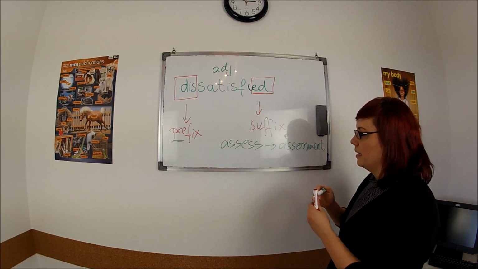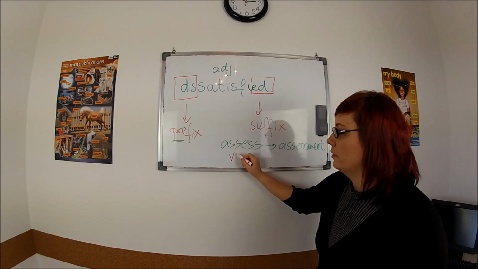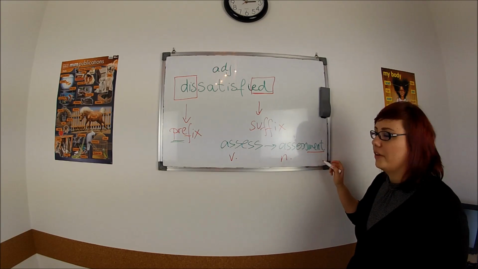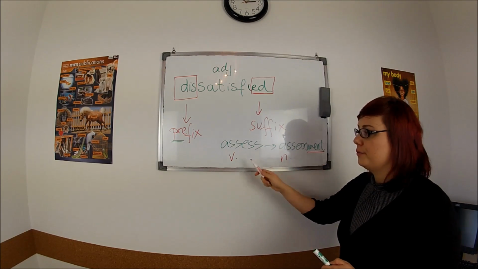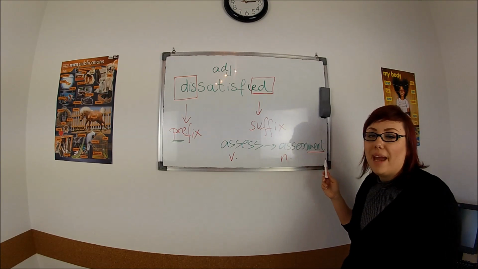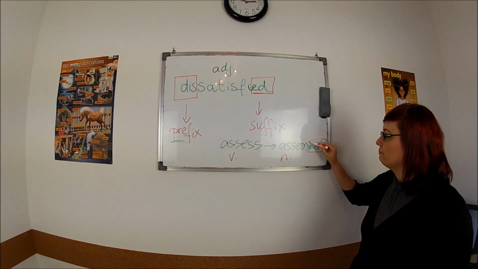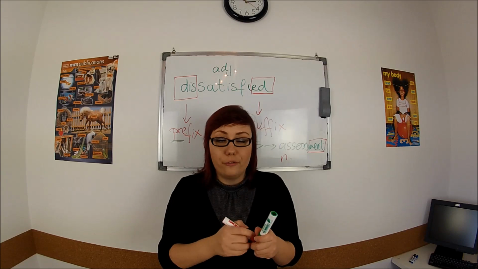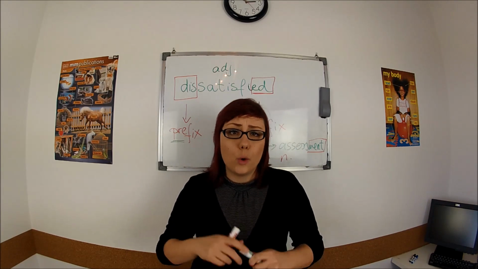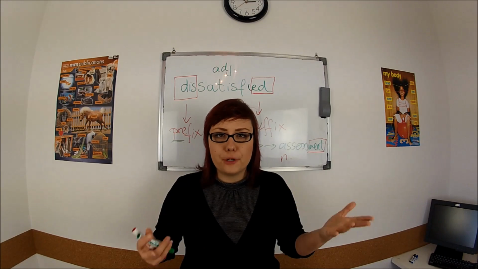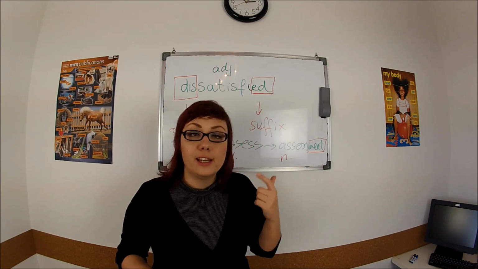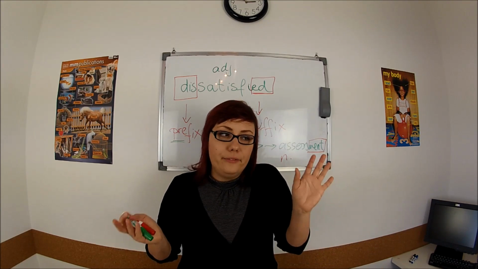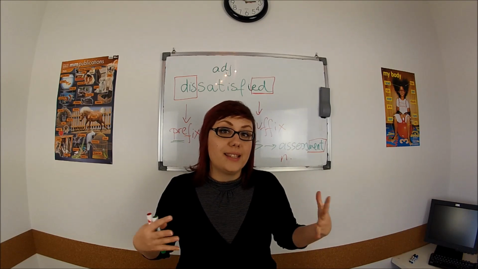This is a verb, okay, and this is a noun, and ment is a noun suffix, okay, so you can make nouns from verbs, sometimes adding ment. So if you see a word ending in ment, for example assessment, government, environment, you know that they are nouns, right? If the word ends in ment, you know that it's a noun, okay?